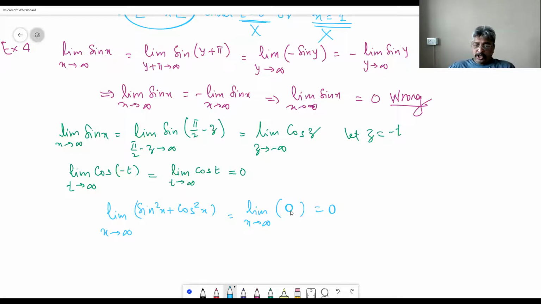But we know for sure that this limit is actually equal to 1 because sin square x plus cos square x is always 1. So irregularity. Arre, you understand what the fun is.